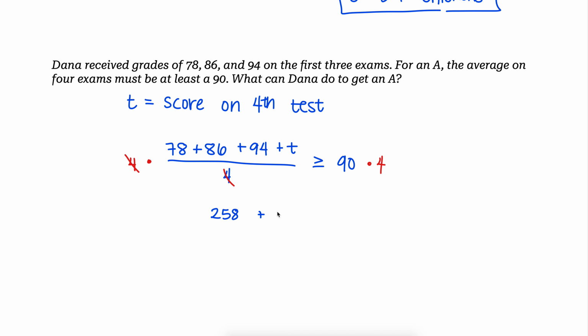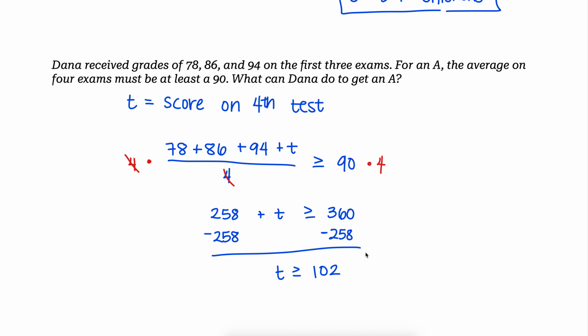So 258 plus T is greater than or equal to 360. To solve for T, subtract 258 from both sides. And that means that the 4th test score has to be at least a 102.